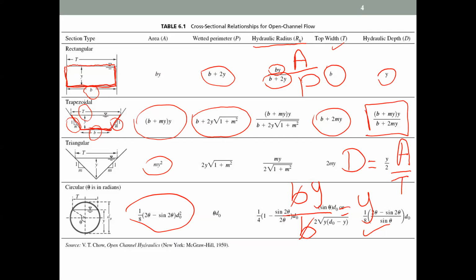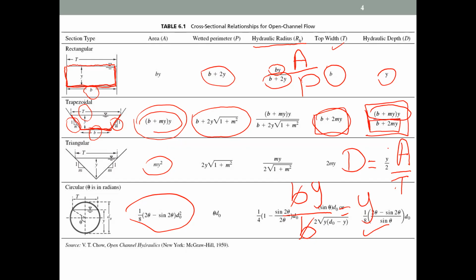But hydraulic depth has a different definition, that is equal to the area divided by the top width. So for the trapezoidal section, the area is this one, and we divide by the top width, which is b plus 2 times my. So we have it in here.